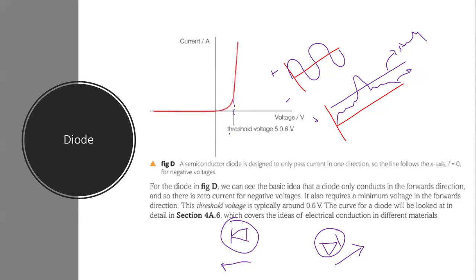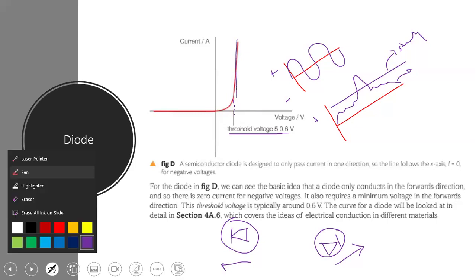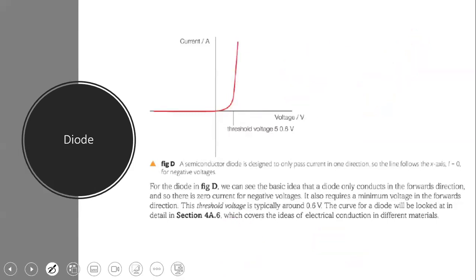Then, after crossing a minimum voltage, it suddenly increases by a very rapid amount. You can see that this is a very, very steep line, almost vertical.